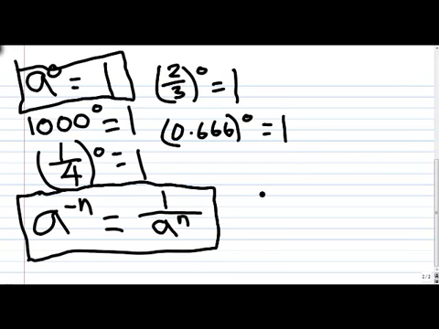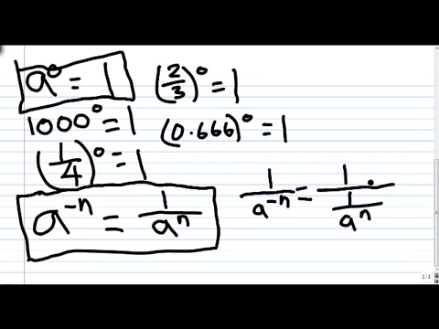Let me give you another scenario. Let's say you have 1 over a to the power of minus n. You can represent this as a to the power of n. Because this essentially means 1 divided by 1 over a to the power of n, which equals 1 times a to the power of n.